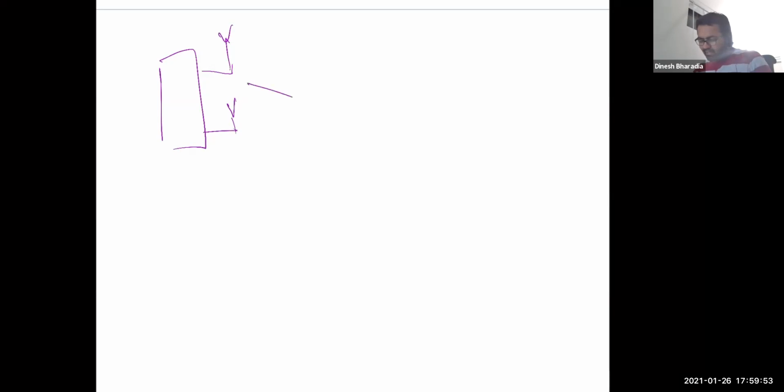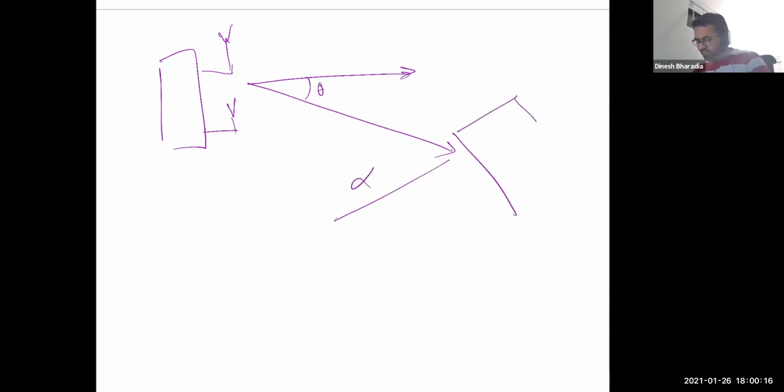Let's say a signal goes out in a direction theta, and let's say the signal is received at some angle alpha. This is your receiver, and it has two antennas. This is the perpendicular from the receiver's direction, and this is the perpendicular from the transmitter's direction.